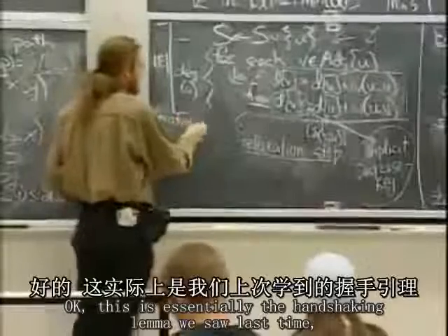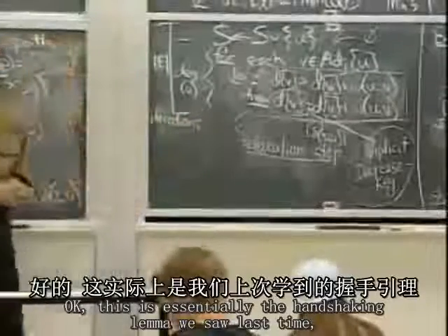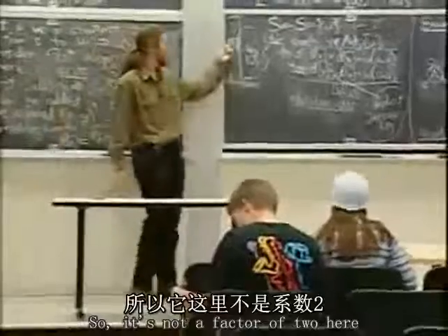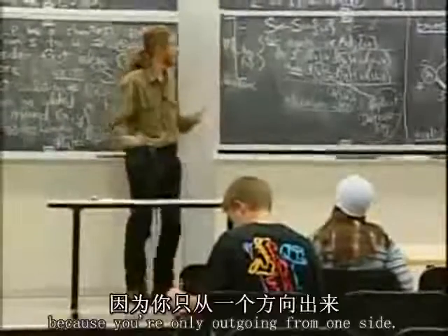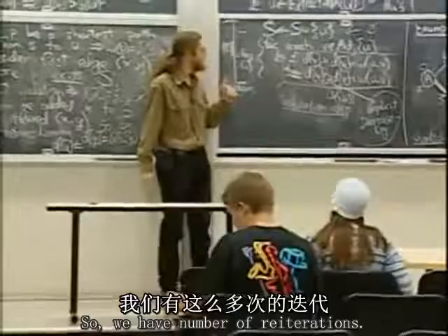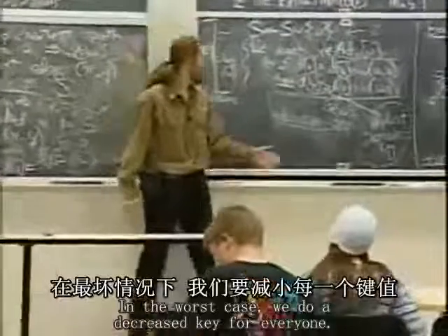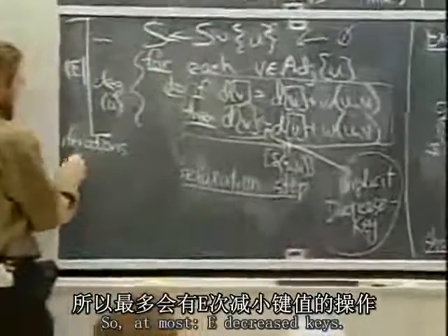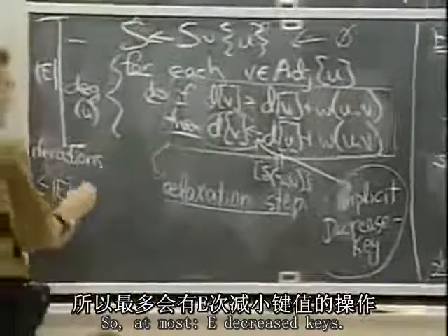Okay, this is essentially the handshaking lemma we saw last time, but for directed graphs. And we're only looking at the outgoing edges. So there's not a factor of 2 here, because you're only going outgoing from one side. So we have E iterations. In the worst case, we do a decrease key for every one. So at most, E decrease keys.